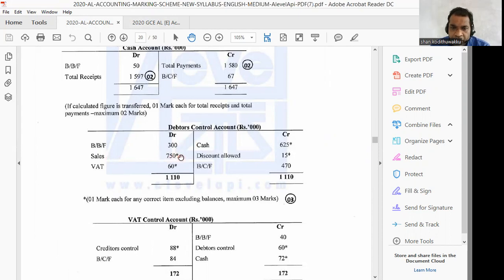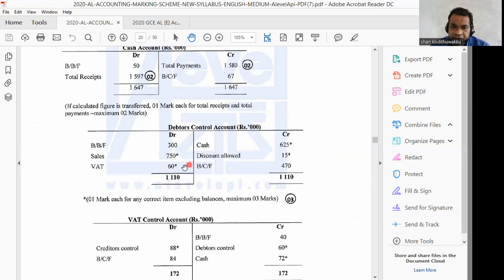We debit to the debtors control account. And VAT we debit separately again to the debtors control account, 60. The total of these two, 750 plus 60, will be equal to 810. Right? Then if you pass a double entry, here debit 750 and credit to the sales account. Here we are not preparing the sales account because we are not asked to prepare. If you prepare it, it will take time. And VAT we have separately, this is called output VAT, what we charge from customers.